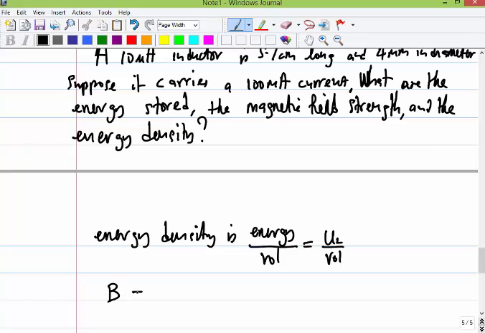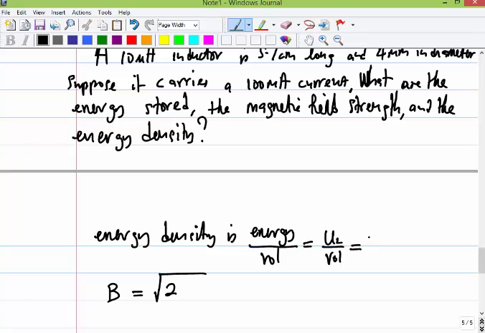B is going to be equal to, let's see, the square root of 2 times the energy density.